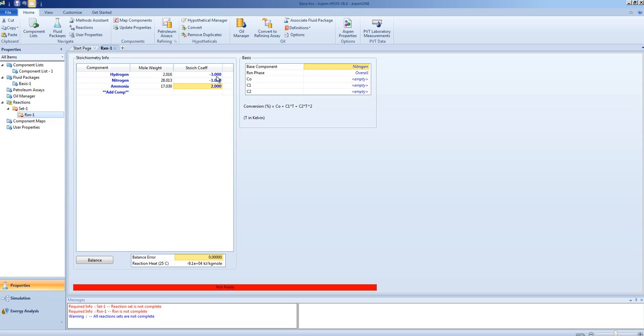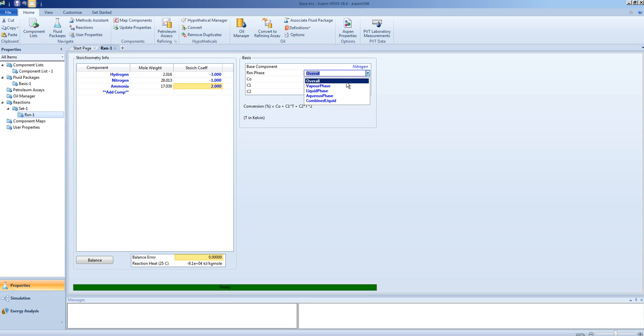Now that your reaction is balanced, you can now specify what the conversion is. From literature, a single pass conversion through an ammonia converter is roughly 20%, in which case, 20% of the base component nitrogen will be converted.